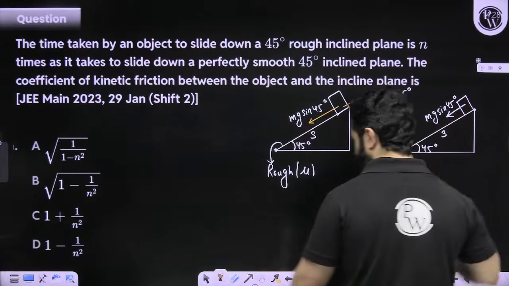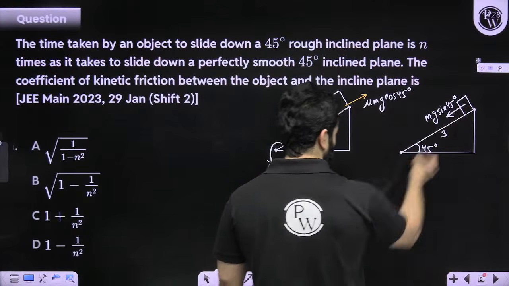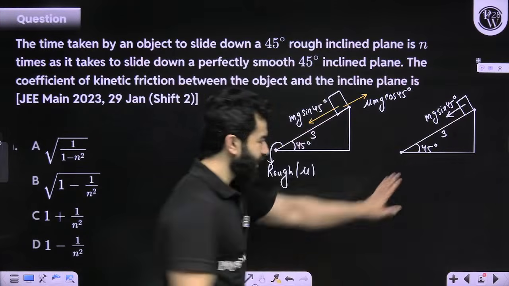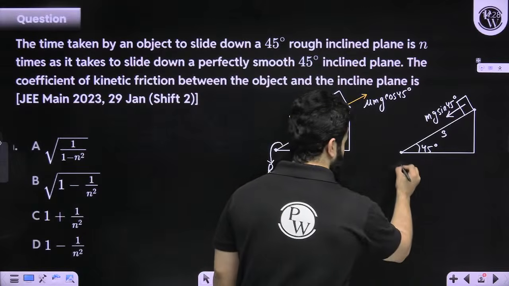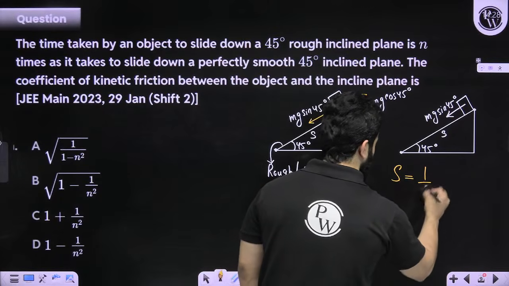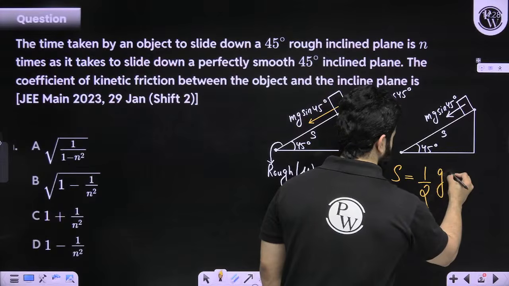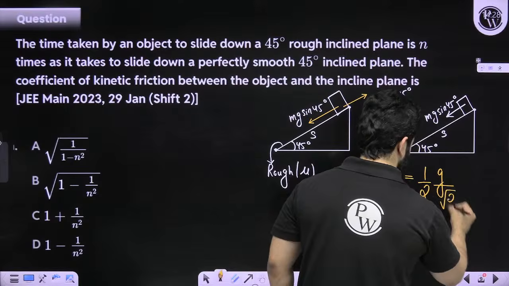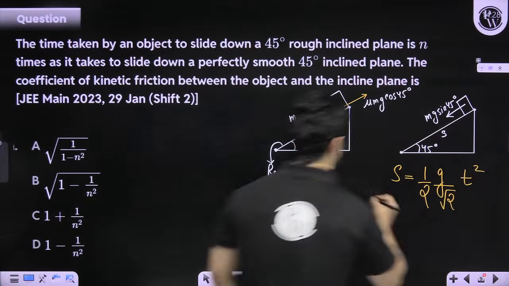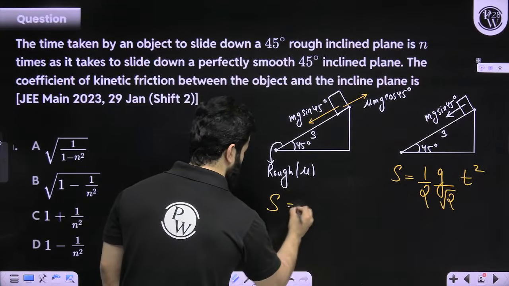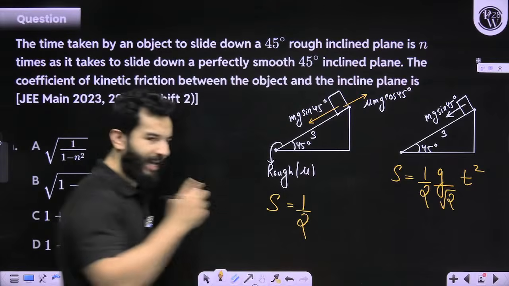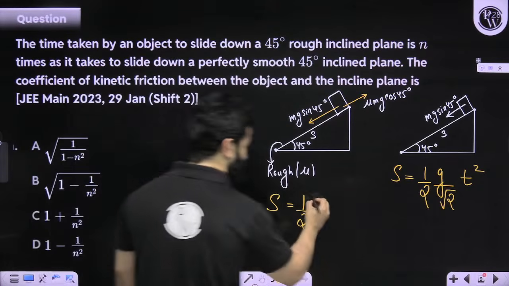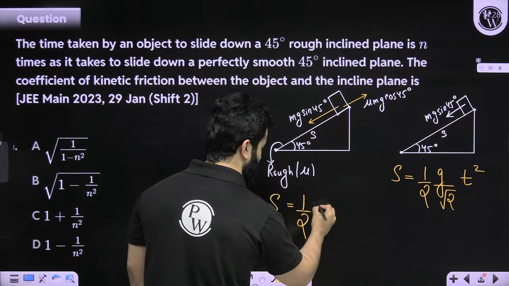And both of these are being released. So for this case, my dear friends, I'm going to write S equals half a t square. For this one, I'm going to write S equals half a t square, where acceleration will be g sin 45.